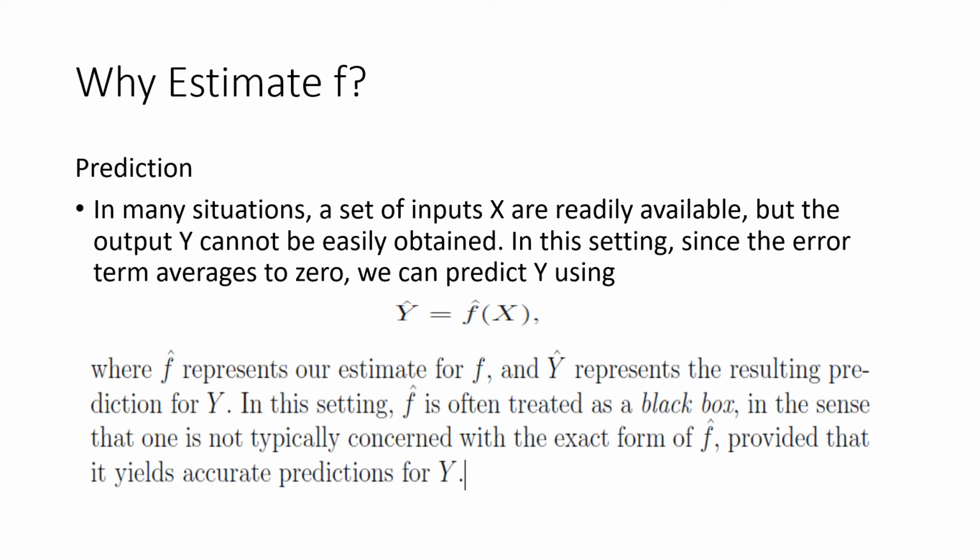In many situations, a set of inputs X is readily available, but the output Y cannot be easily obtained. In this setting, since the error term averages to zero, we can predict Y using the formula Ŷ = f̂(X), as we can see on the slide, where f̂ represents our estimate for f, and Ŷ represents the resulting prediction for Y. In this setting, f̂ is often treated as a black box.